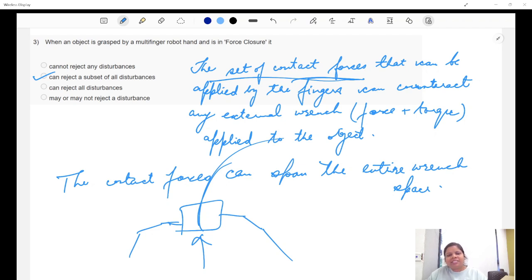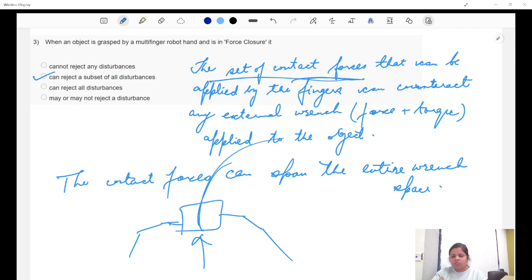So that means the robot can hold the object firmly regardless of what wrench is applied to it, what force or torque is applied to it. So you know that wrenches are the forces and the torques. Each contact can apply one or more wrenches depending on the friction or contact model, if it is having friction or not. Then we have a concept called convex hull of wrenches.